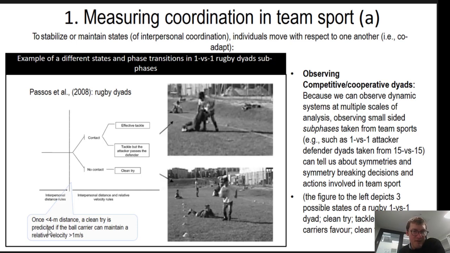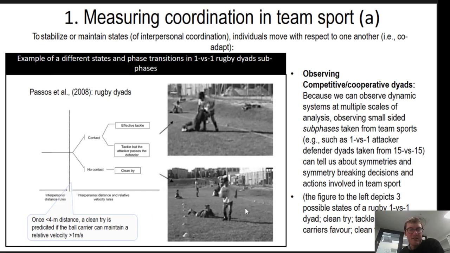What they found after running this situation repeatedly is that once you entered this high proximity distance to your opponent of less than roughly 4 meters, a clean try is predicted as long as the ball carrier can maintain a relative velocity of greater than 1 meter per second.